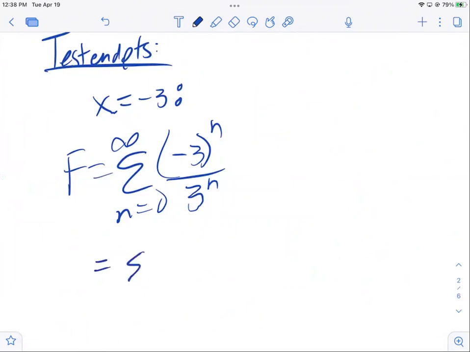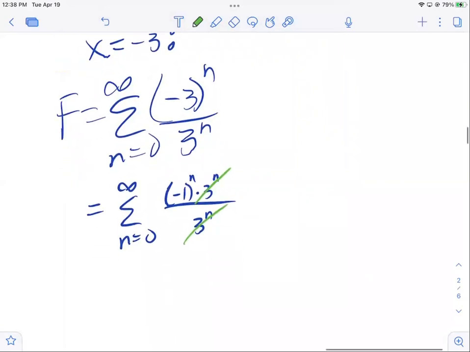Okay, and then to simplify that, we would want to separate the alternator from the magnitude. So negative 3 to the n is negative 1 to the n times 3 to the n all over 3 to the n. And then those divide out.